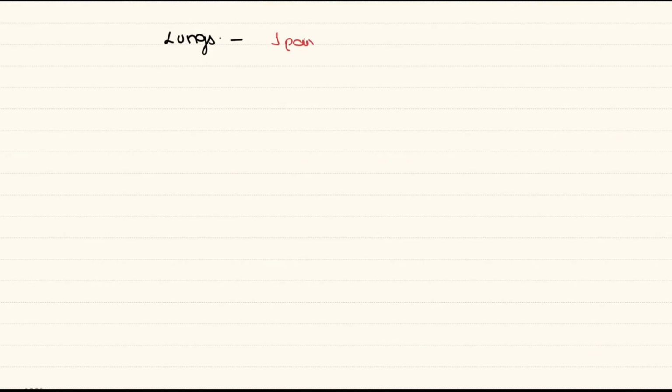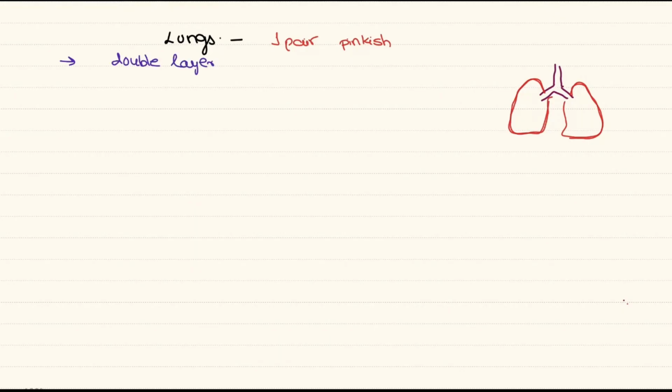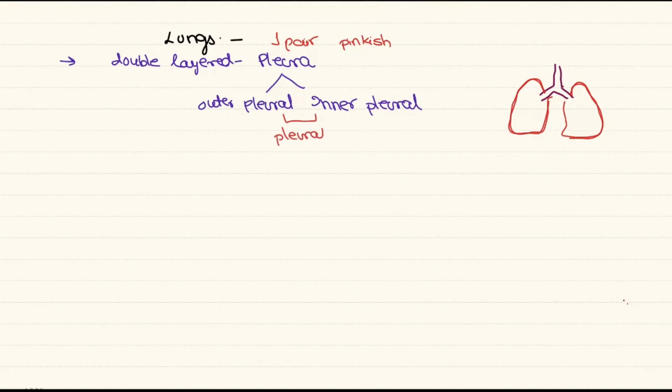So we have a pair of pinkish lungs, and these lungs are covered by a double layer structure called the pleura. As it is a double layer, we can call it the outer pleural membrane and the inner pleural membrane. The gap between the two is filled with a fluid called the pleural fluid.